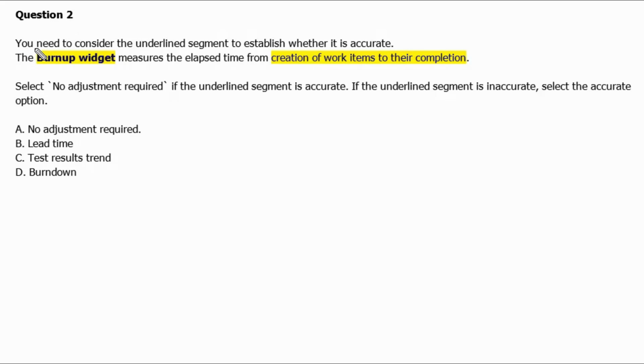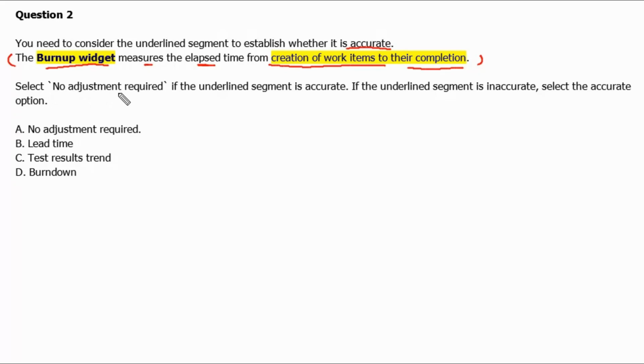Question 2. You need to consider the underlined segment to establish whether it is accurate. Means we need to check this statement. The burn up widget measures the elapsed time from creation of work items to their completion.